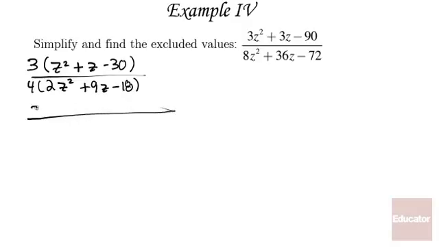Factoring. So the numerator has a leading coefficient of 1, so that one's a little bit simpler to factor. And I know that I have a negative here, so it's going to be z minus something times z plus something.